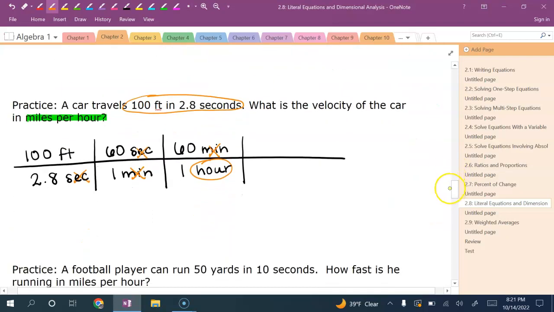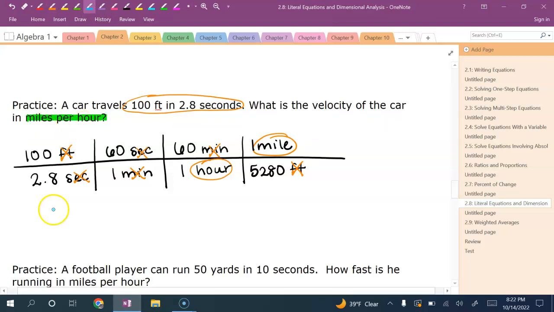So coming down here, I need to put that 1 mile on the top so that the 5,280 feet can go on the bottom, so that this feet on the top will cancel off with this feet on the bottom. Now, like we did on the last problem, we've got miles on top, we've got hours on the bottom. Those are the 2 labels that they want us to get to. We're done with the converting.